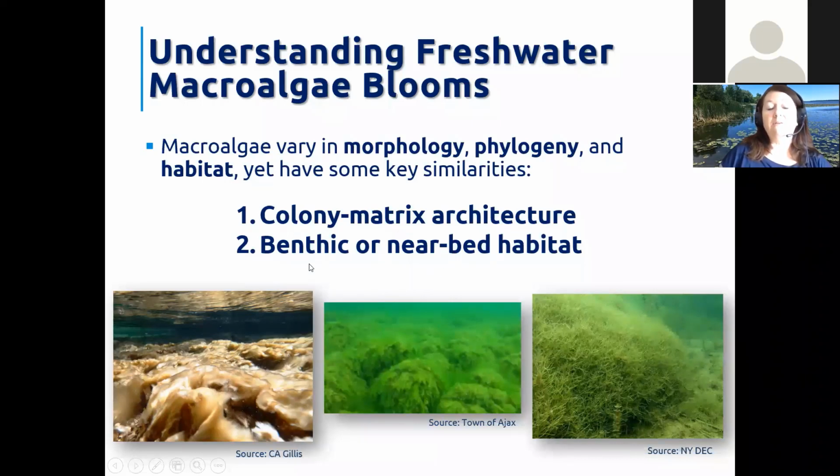They also live very close to the benthic zone, or the near-bed habitat, because it's important to point out that Nitellopsis obtusa, even though it looks like an aquatic plant, is a charophyte and doesn't have roots, but it does have rhizoids that dangle over sediments. And it can position itself right above the sediment, right in the sediment-water interface. And that's true for Cladophora as well, though Cladophora needs hard substrate to attach to, as does Didymo.